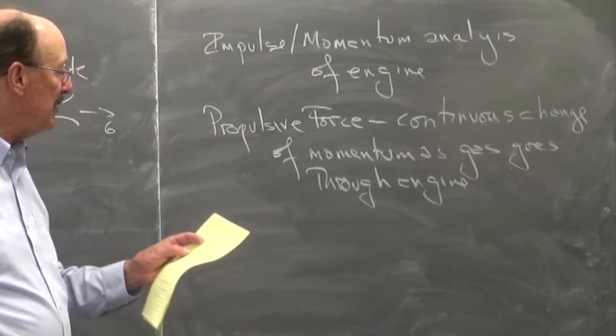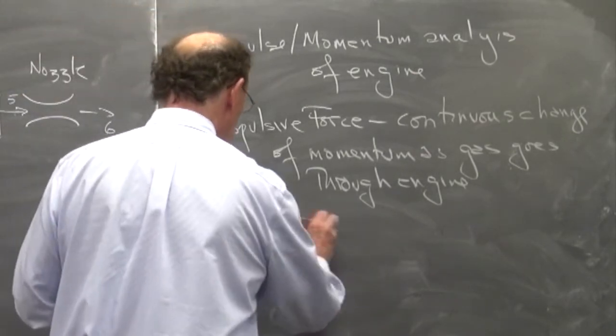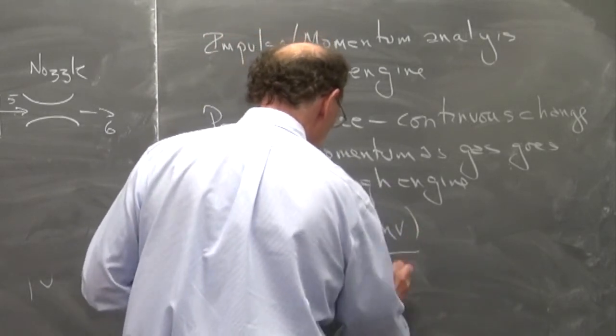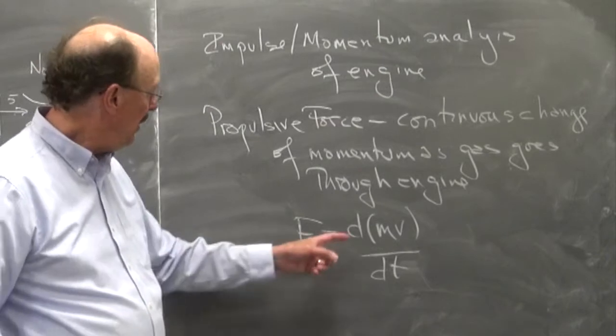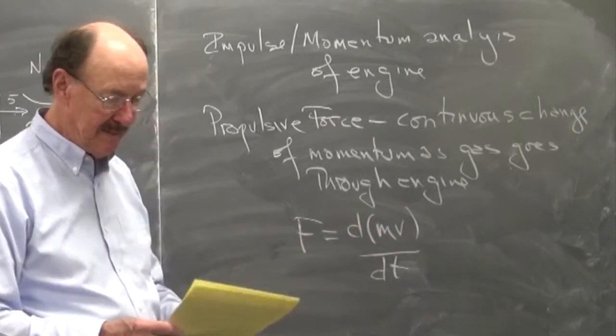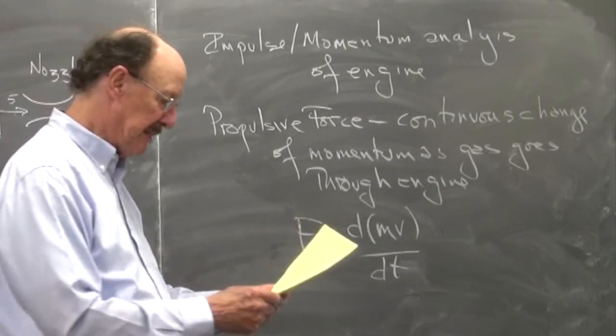So we have that. Now let's draw a little sketch to put down these things. And we know that the force is equal to d(mv). So the momentum is mv, and the change of this gives us a propulsive force. Now what we want to do is look at an engine and put these things in. So that's what we'll do next.